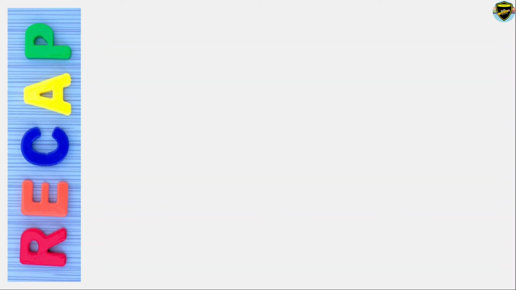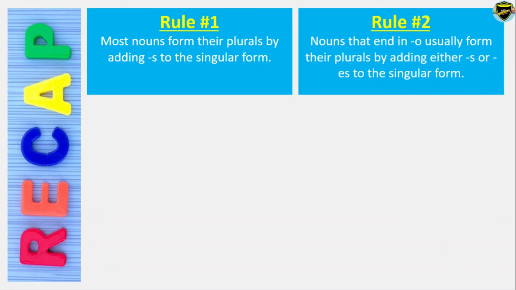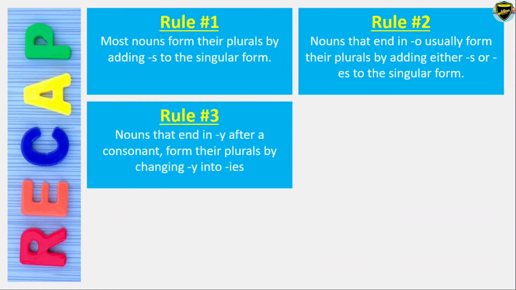Now, let's recollect all the rules once again. Rule number 1 says, most nouns form their plurals by adding s to the singular form. Rule number 2 says nouns that end in o usually form their plurals by adding either s or es to the singular form. Rule number 3 says nouns that end in y after a consonant form their plural by changing y into ies.